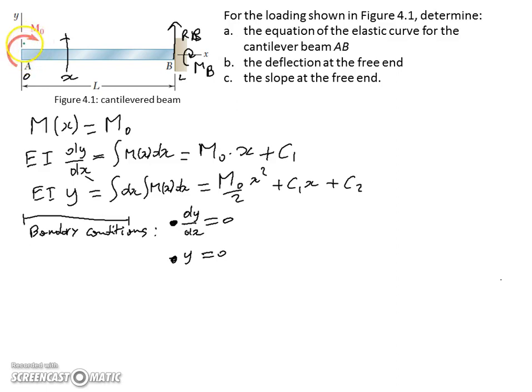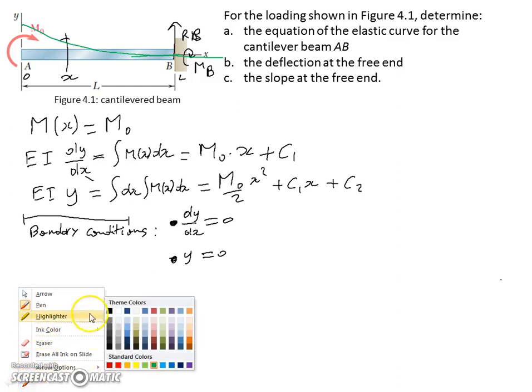So I'm going to put the top in compression and bottom in tension. We are very likely going to end up with something like that. That's what I would expect to happen. So 0 displacement and also 0 slope, horizontal, tangent to 0. So it's very, very powerful, these boundary conditions.